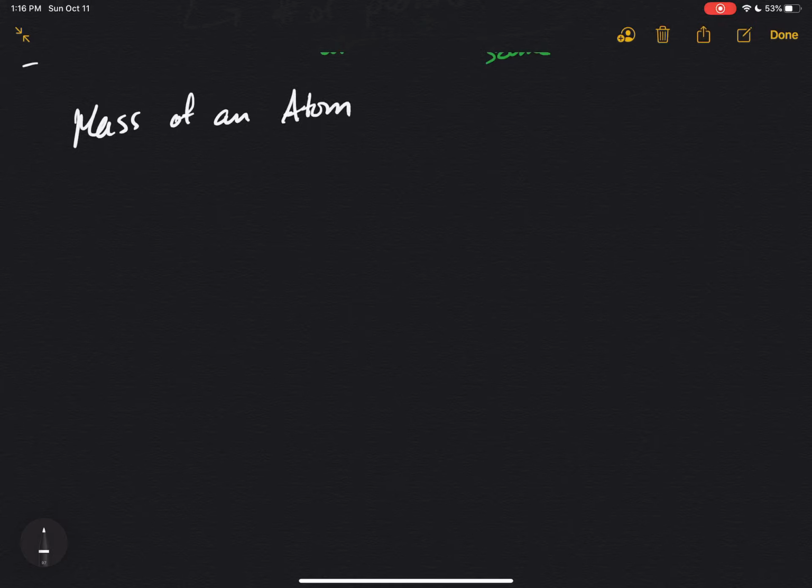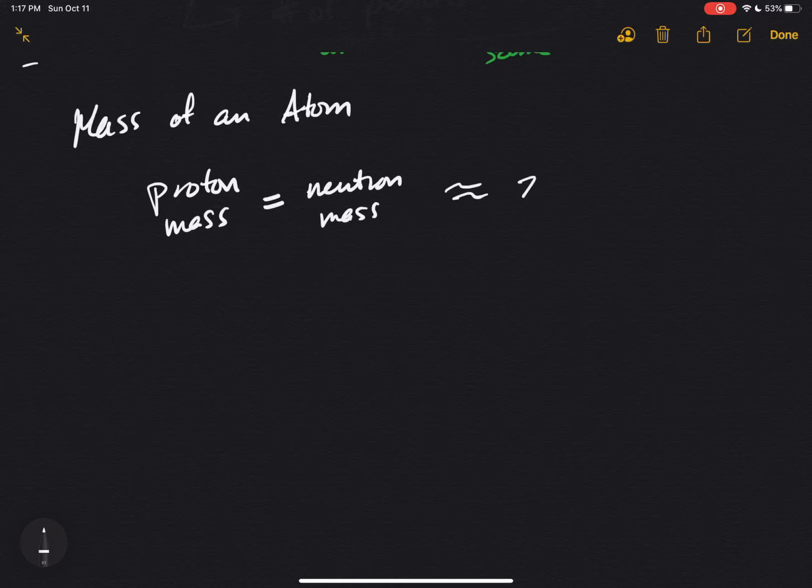And before we talk about an actual measured mass, there's a very easy way that we can sort of discuss the mass of an atom without making a measurement. And I want to think about this way. Remember, we learned in the last class that protons' mass is basically the same as the neutron's mass, and that both of these are about 2,000 times more than the electron's mass.